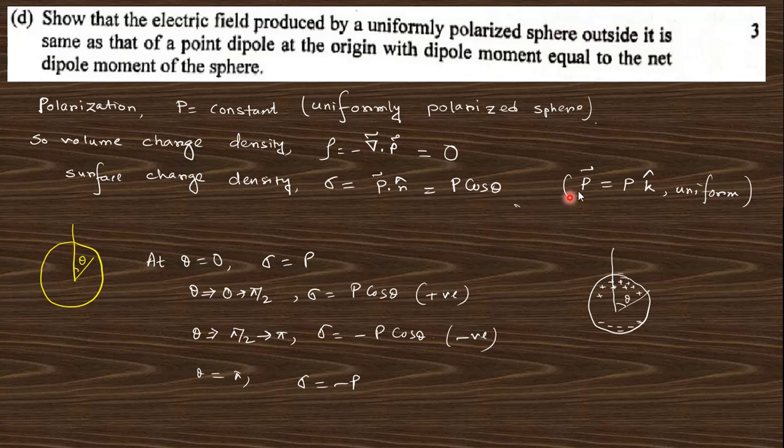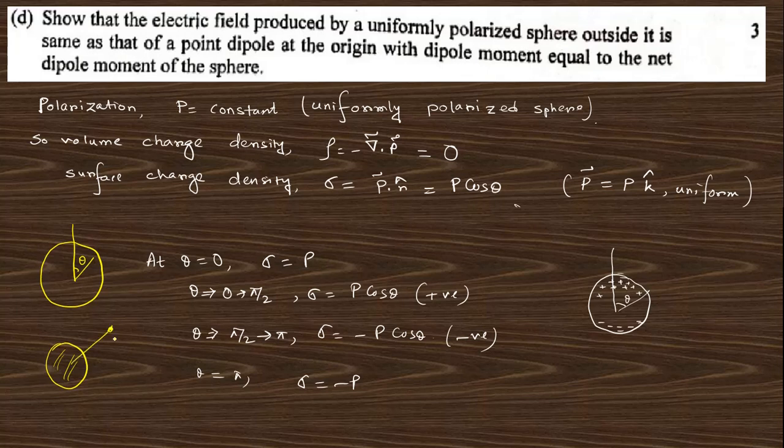You need to find the electric field outside this uniformly polarized sphere, which is equal to the electric field of a dipole placed at the origin. I think you can understand my concept. This is a polarized sphere.